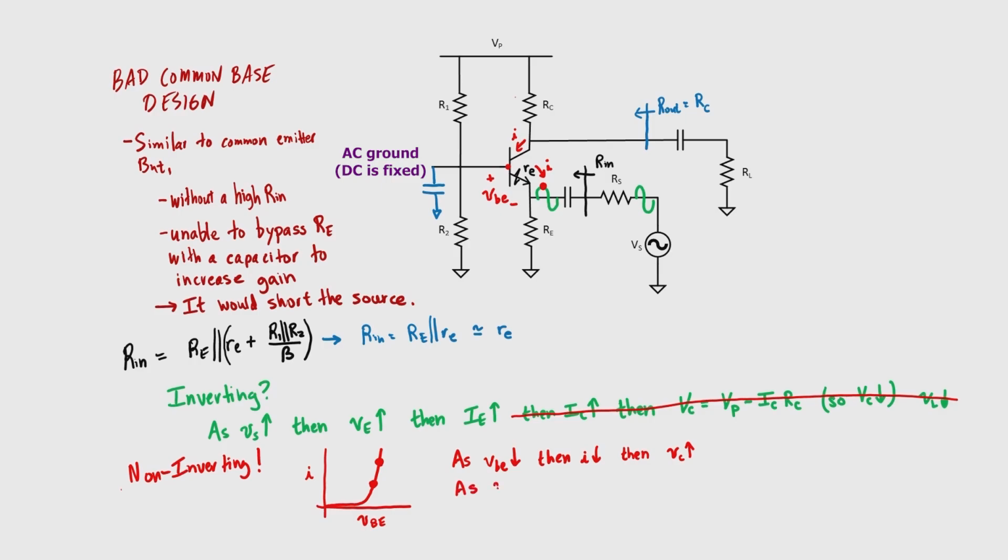We can therefore conclude that as the source voltage increases, then the base emitter voltage decreases, ultimately causing our collector voltage and our output voltage to increase, and I can conclude that it's a non-inverting amplifier. In the next slide, let's go ahead and derive it and figure out what all these voltages actually are from the perspective of the AC signal.